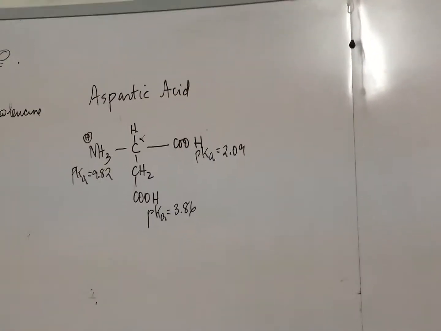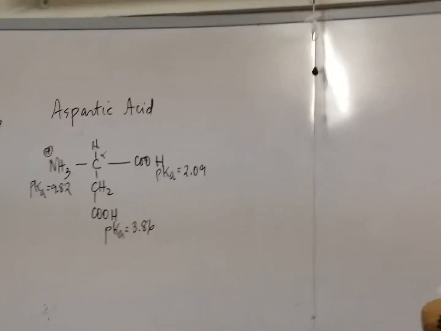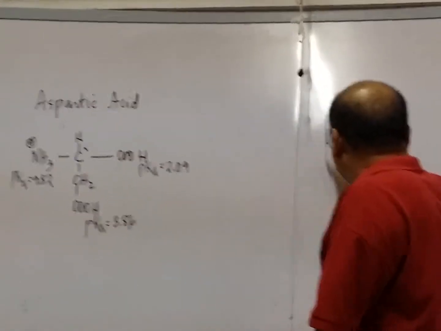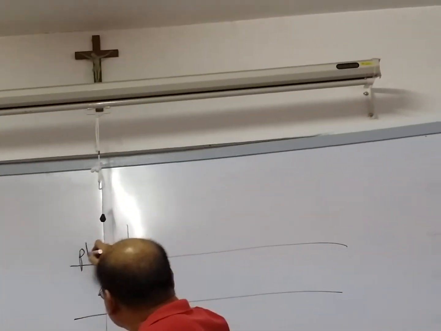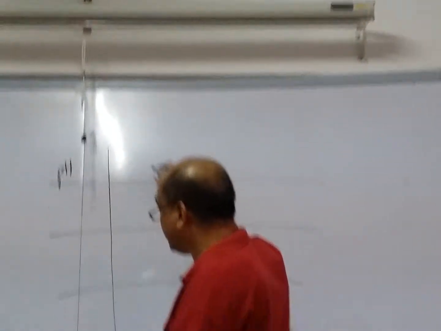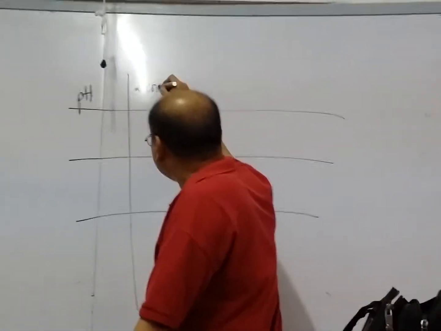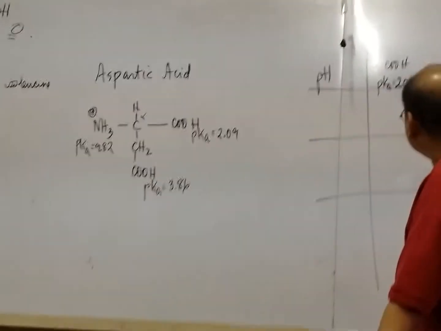Okay. So let's try to find out, tingnan natin kung ano ang kanyang isoelectric pH. So, ilalagay natin sa table siya. Then you will get the pH. And then, let's say, with the alpha carboxylic acid, pKa 2.09.